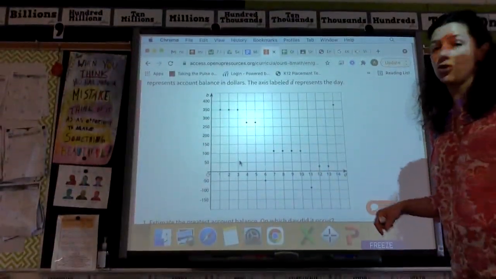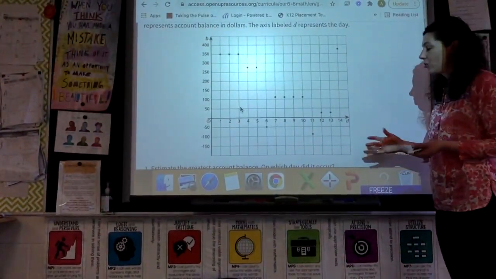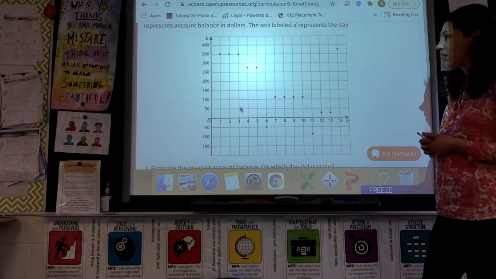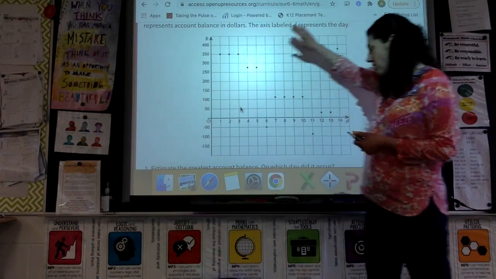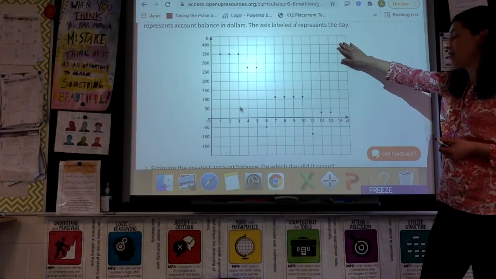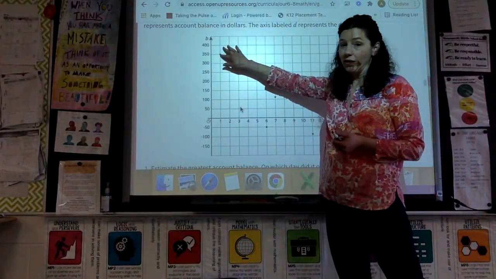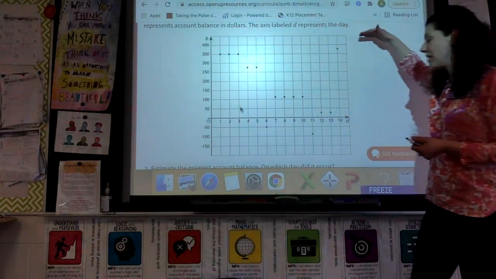Okay, so today one of the things we talked about was interpreting what is happening on a graph, right? So this graph is showing bank accounts in dollars, right? And so I can see that right here, and right here, these days, because D represents the day, this is when they had a lot of money in their account because this is the highest dollars that they have.